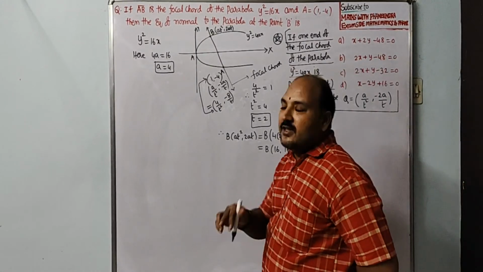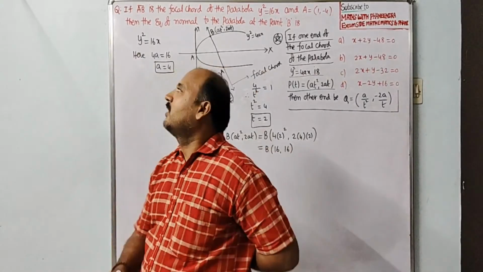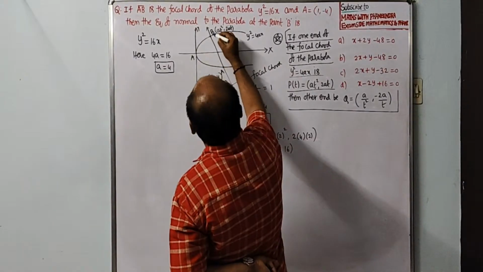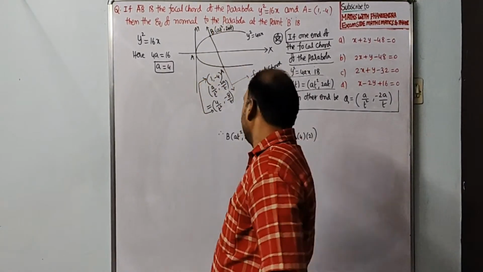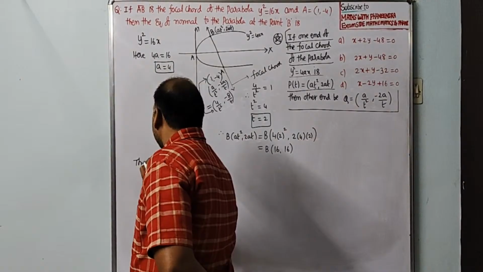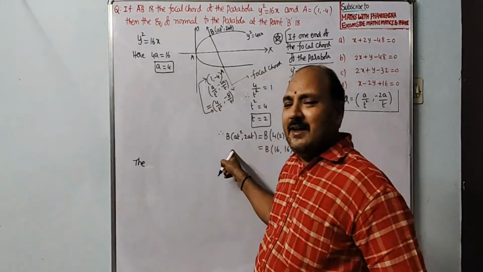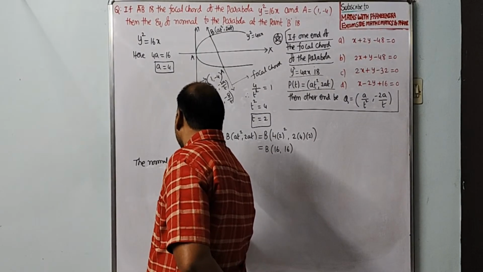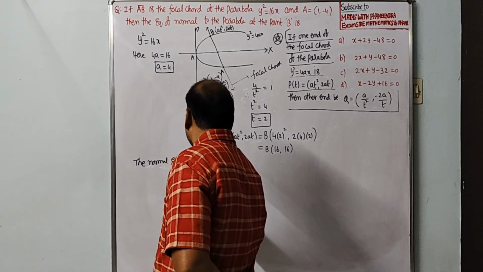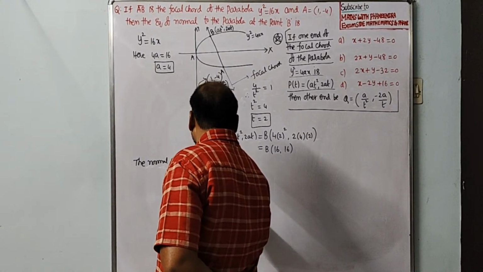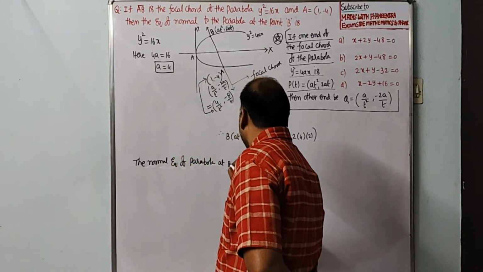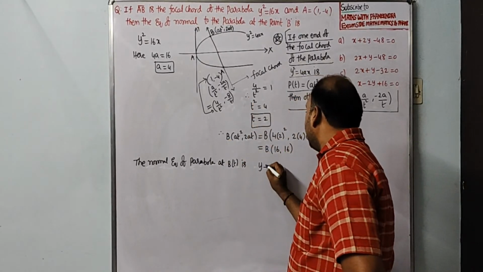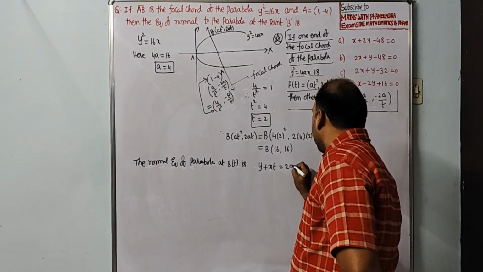At this point, they are asking to find the normal equation. If it were a tangent, they would ask the tangent equation, but they are asking the normal equation. So is it P of t or not, indirectly? The normal equation of the parabola at B of t, instead of P, B is there, you know that y plus xt equal to 2at plus at cube.